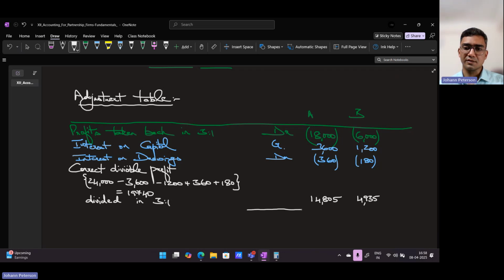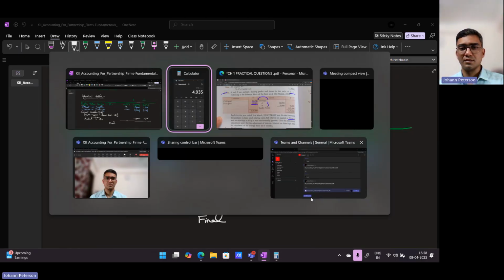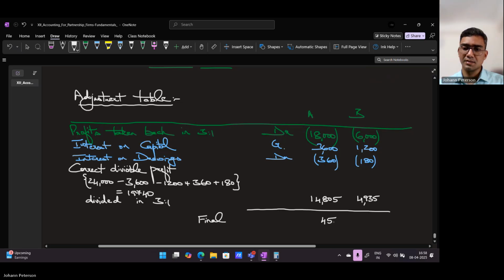Now, what is our final effect? This is going to be 14,805 plus 3,600 minus 18,360, which is 45.